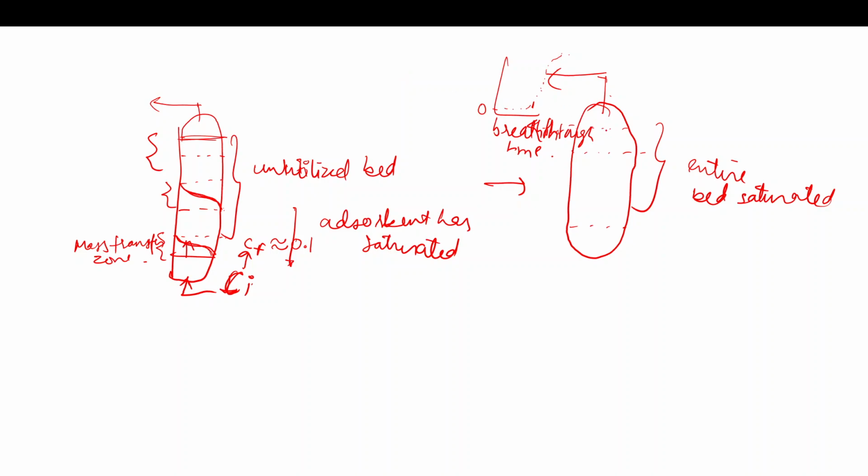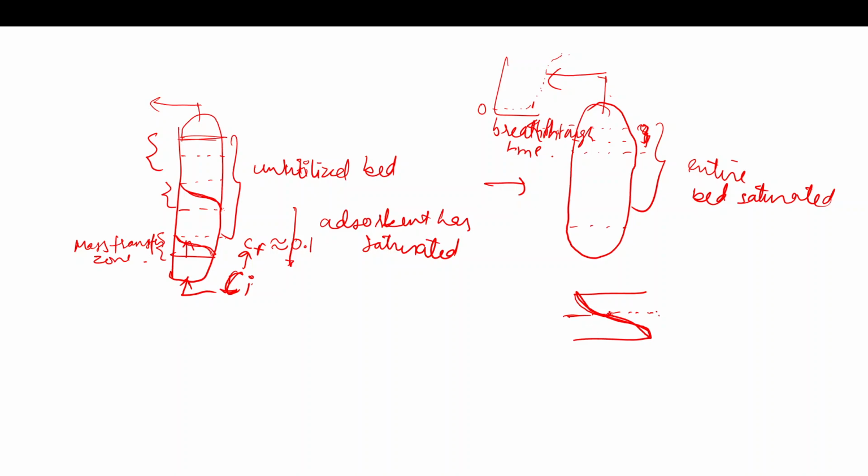Now there will be some region which is unutilized. So that is the final length of unutilized bed, because let's say this is the mass transfer zone and this is the concentration profile here. So S is the concentration profile which is followed, and this is the midpoint of it.